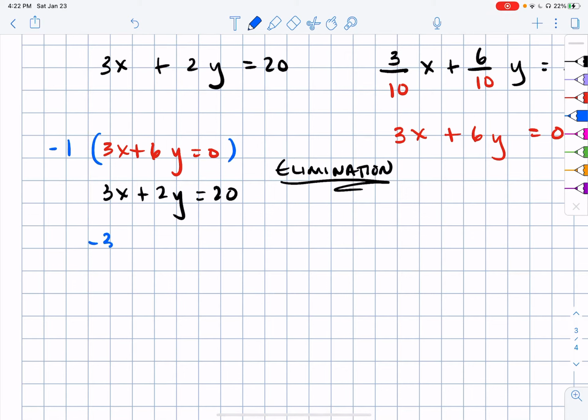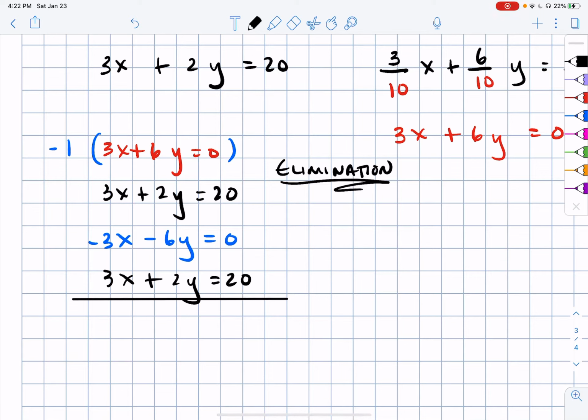I'm going to get negative 3x minus 6y still equal to 0. And then the bottom equation says 3x plus 2y equals 20. So let's add those two together, and the x is going to go away. I have negative 4y equals 20, so y is going to equal negative 5. So that's one of my answers.